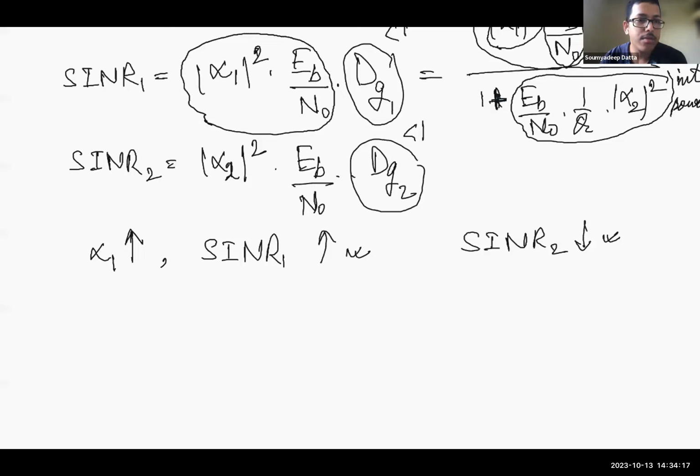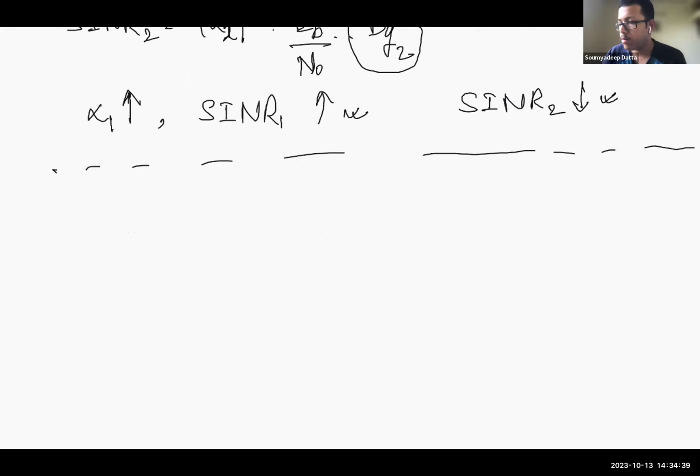Now I'll solve this kind of off-topic question, but it's very calculated, so I'll solve that first. You are told that there is a base station, and there are two users.